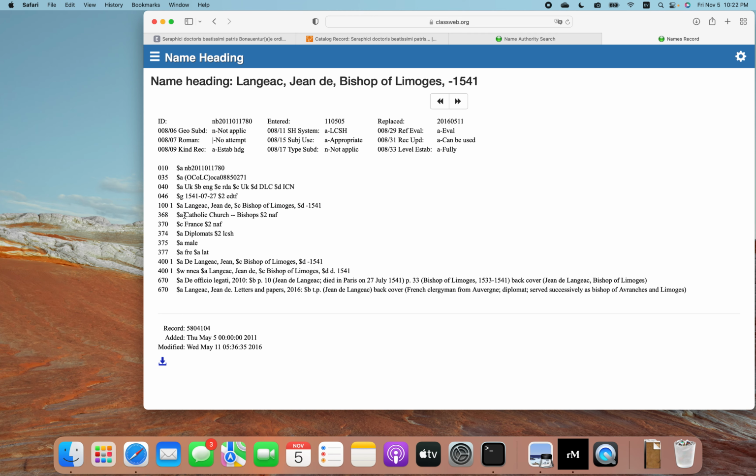But I did all that work for you. So what you can do if you're actually cataloging, you can just copy paste this in and change the dollar sign to that double dagger. And even with the 1 there, copy that in, you got your 100 field.